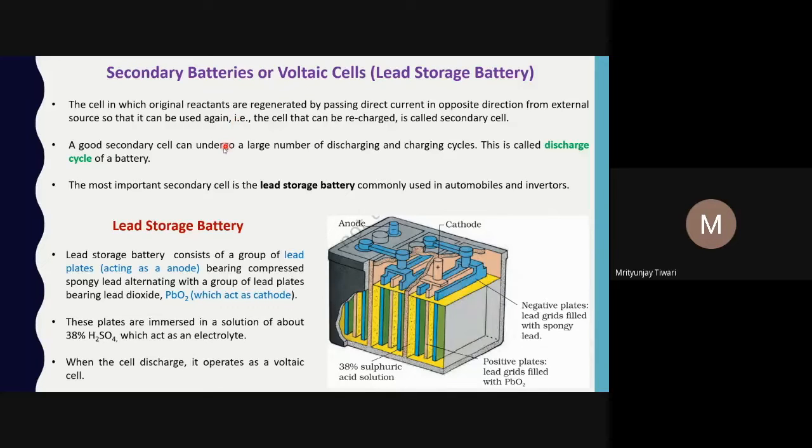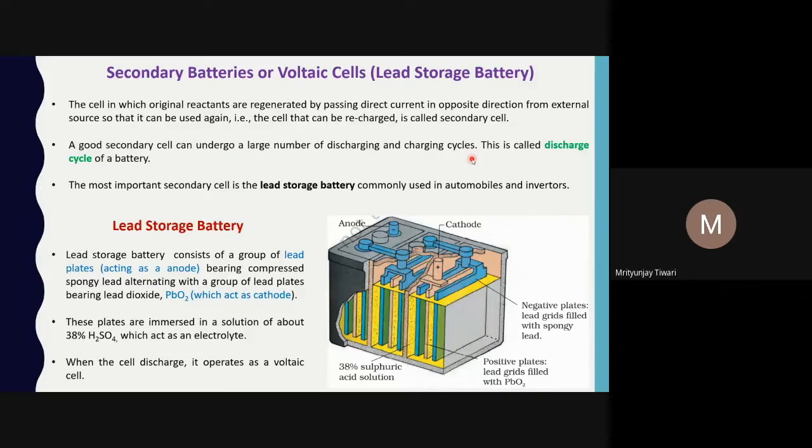A good secondary cell can undergo a large number of discharging and charging cycles, and this we call the cycle life of the battery.